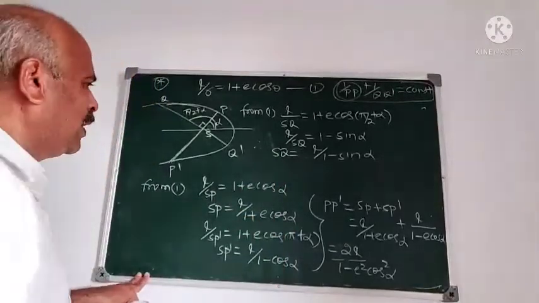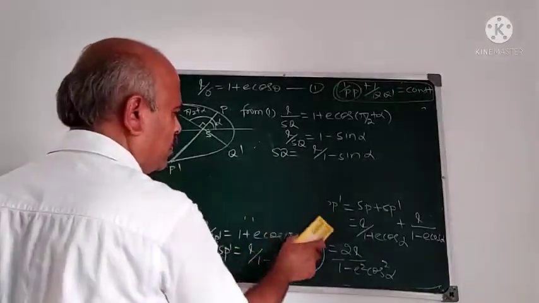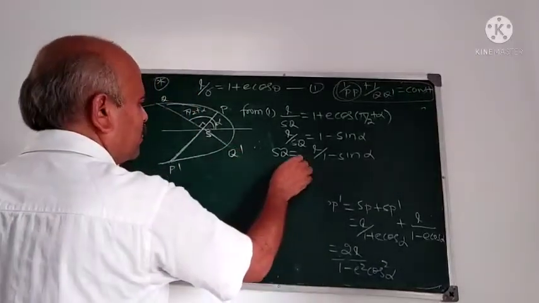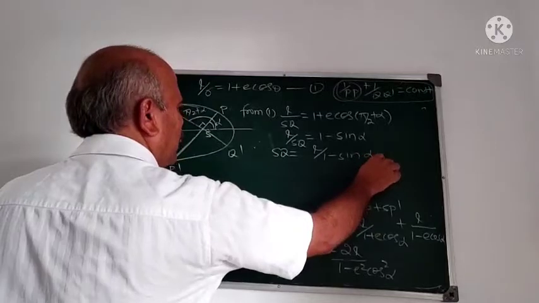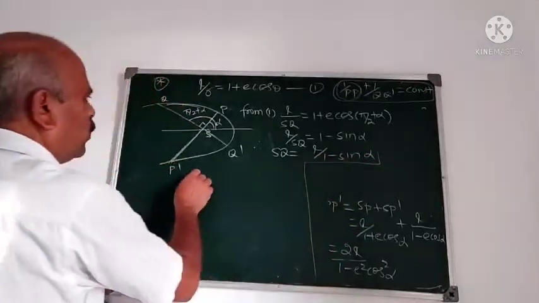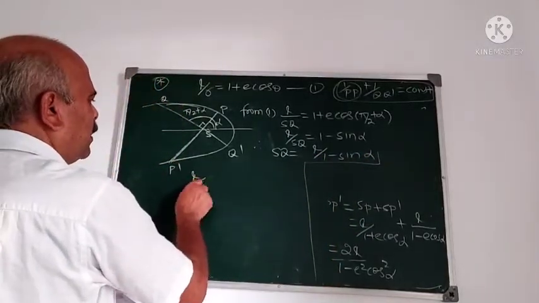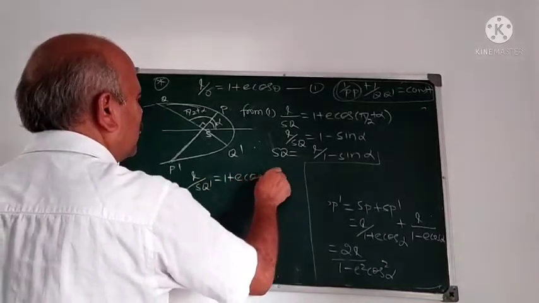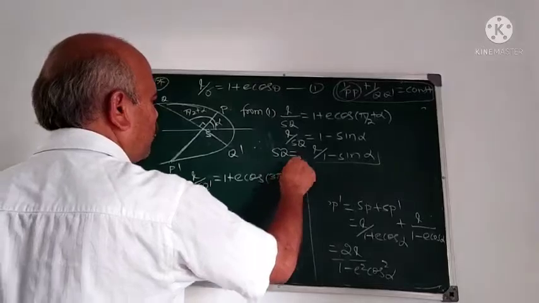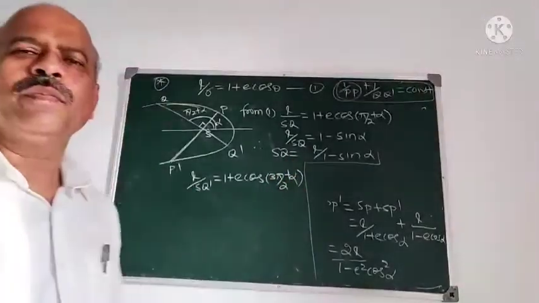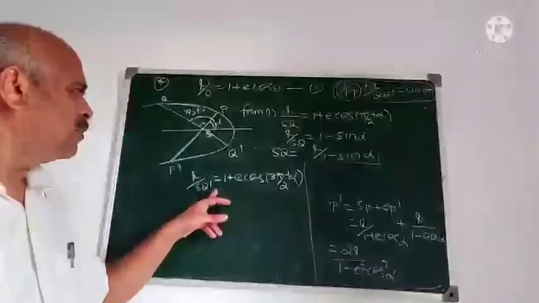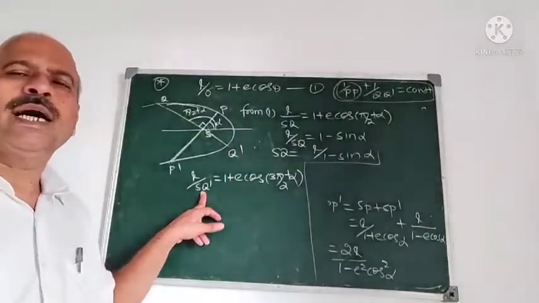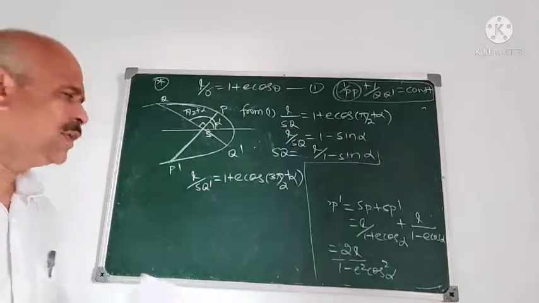Similarly, we take Q dash lies on this. Therefore, L by SQ dash is 1 plus E cos 3 pi by 2 plus alpha, because what is the vectorial angle of this Q dash? 3 pi by 2 plus alpha. R is SQ dash.